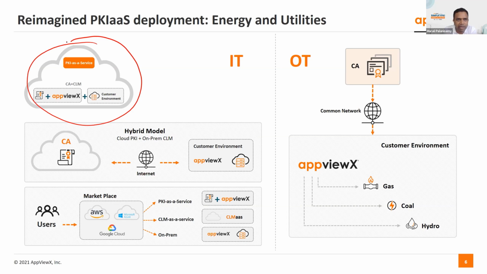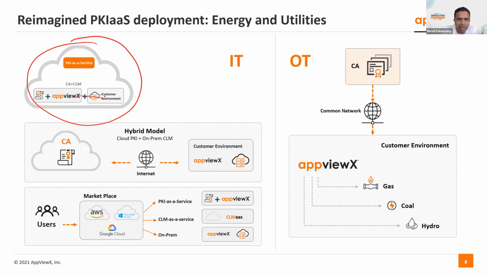Or it could be a third-party CA through AppViewX behind the scenes as well, irrespective. We are vendor neutral in that aspect, right? Depending on whatever vendor you want, we would offer that as a service for you to consume, right? And it basically integrates with your customer environment, and then it handles that and automates it.